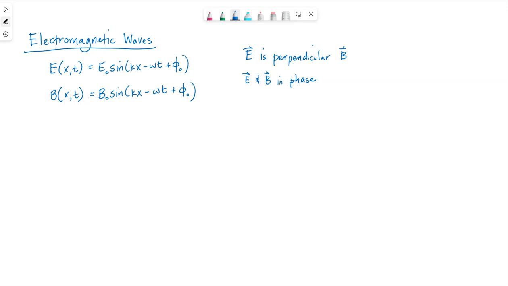If we look at a moment in time where the electric field is maximum, then so is the magnetic field. We also learned that the maximum value of the electric field divided by the maximum value of the magnetic field, that ratio is equal to the speed of light.